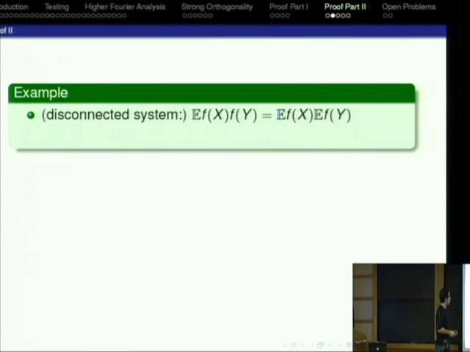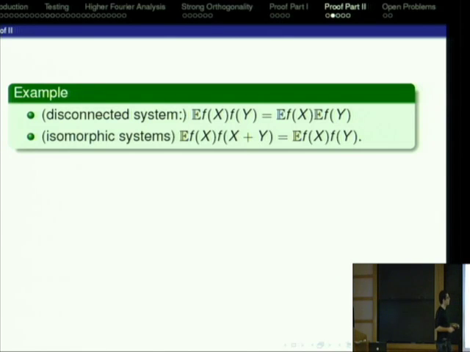So I'll define two notions by examples. One is I call a system of linear forms disconnected if you have this situation that if you look at the expected value, it decomposes to two different expected values. So for example, here, expected value of f of x times f of y, x and y independent random variables, is this.